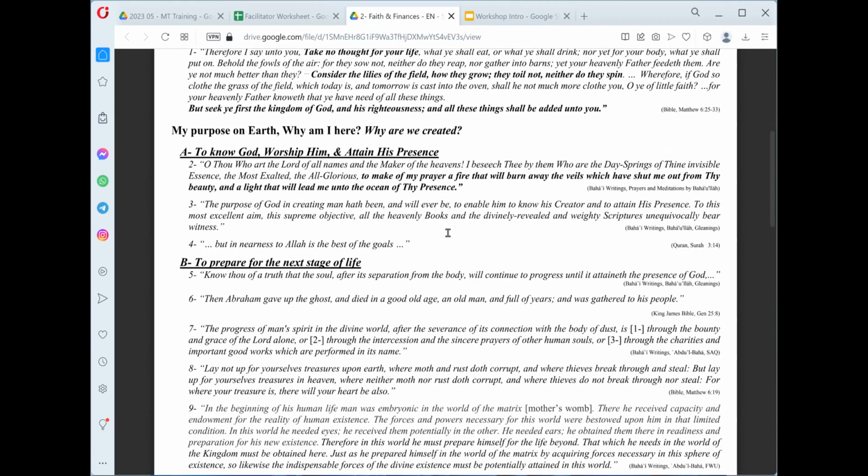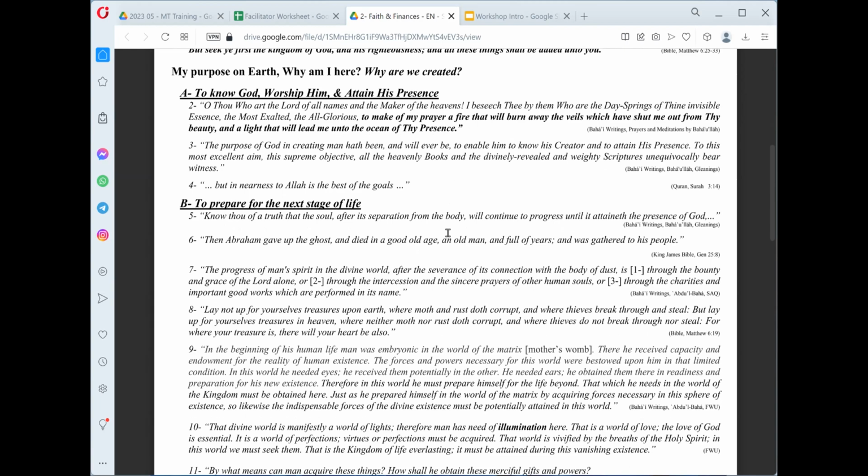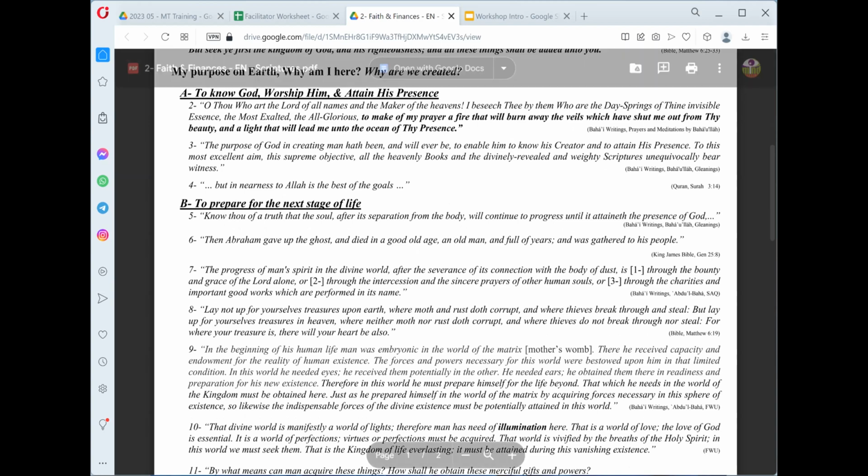So what we have found in the scriptures are three distinctive goals that we should be pursuing in life, which is actually amazingly a combination of both spiritual and material goals. Can I have somebody read the three quotes under A, please? Do I have a volunteer? I'll read it. Go ahead, Irma.